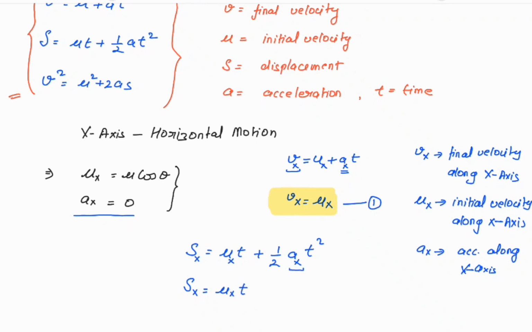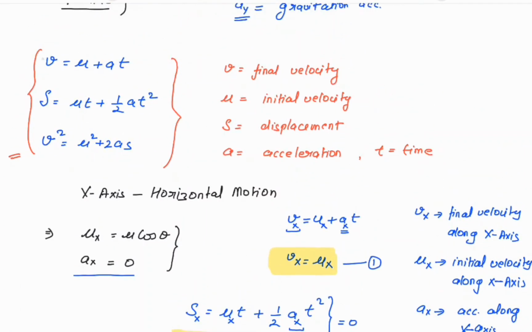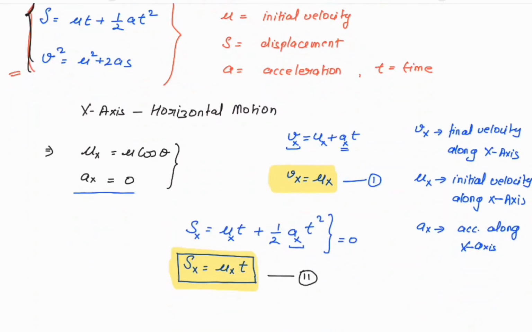As ax is 0, this term is going to be 0. So I will write sx equals ux t. This is the second equation for the horizontal motion. I am modifying these equations using these properties.